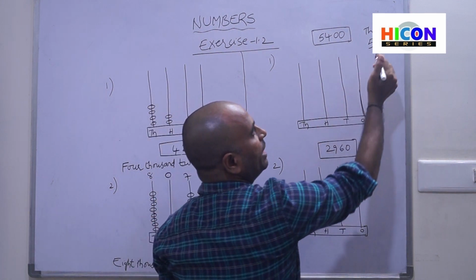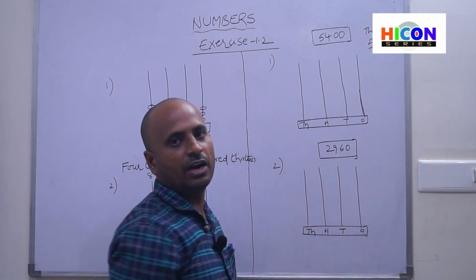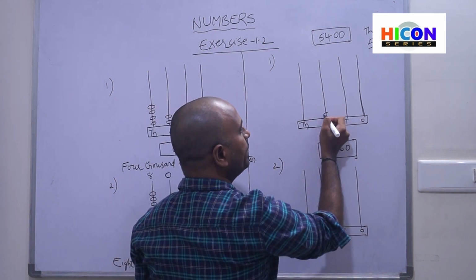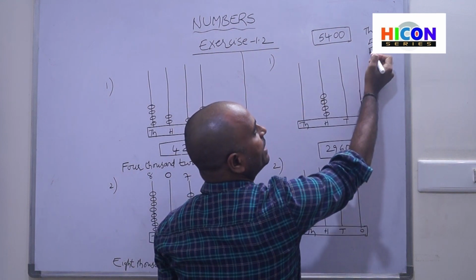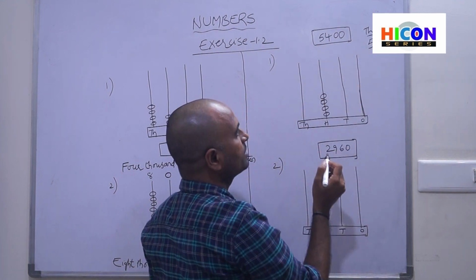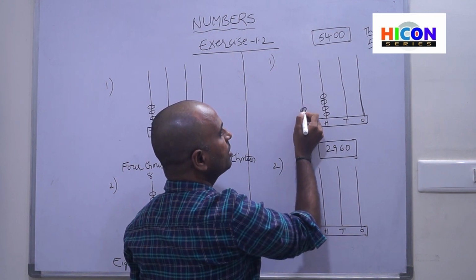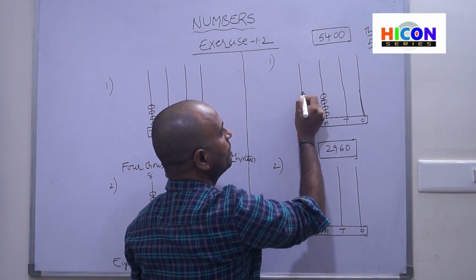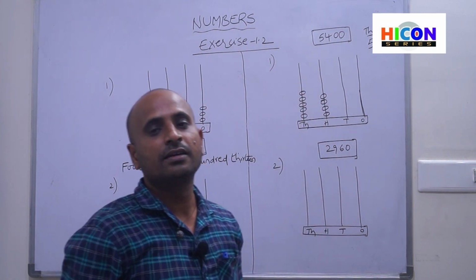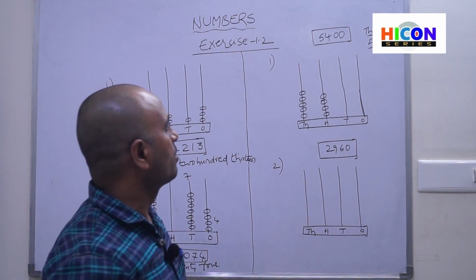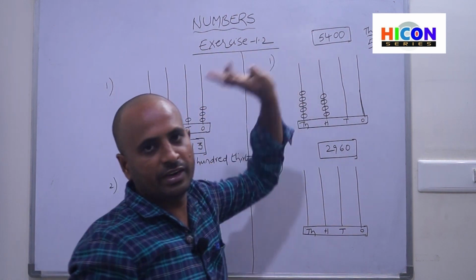And 4 is present in the hundreds place, so we have to draw 4 beads on the hundreds place stick. And 5 is present in the thousands place, so we have to draw 5 beads on the thousands place stick: 1, 2, 3, 4, 5. This is the process of drawing beads on the abacus according to the given number.